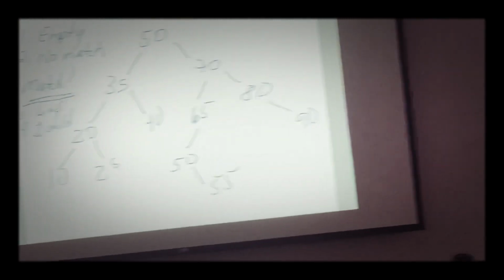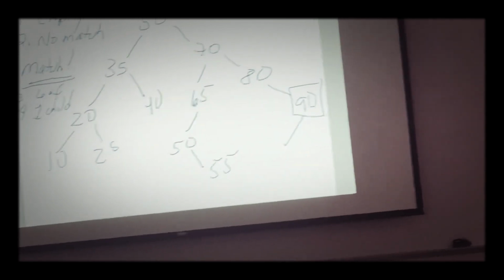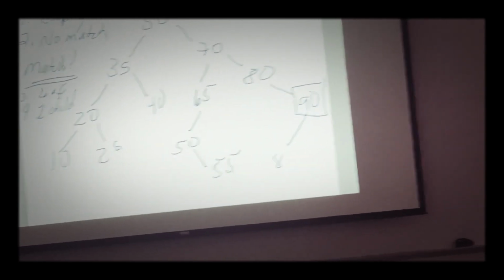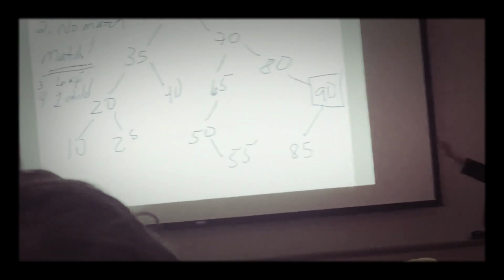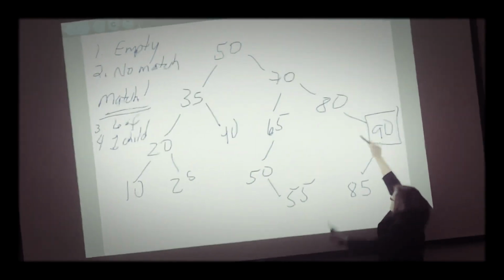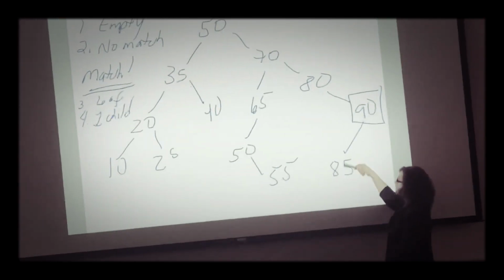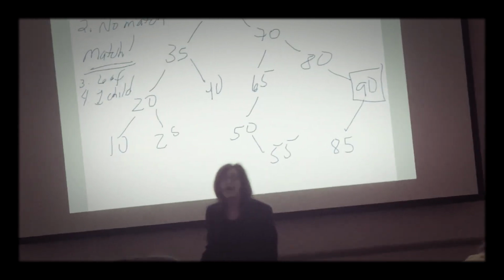But what if I wanted to delete 90 and it had 85 to the left of it? So it's still deleting a node with one piece of data. I can hold on to this, readjust, but in this case I would be saying root gets the value root arrow left.